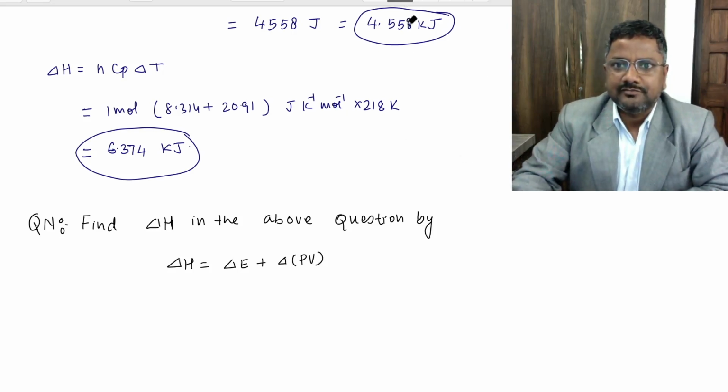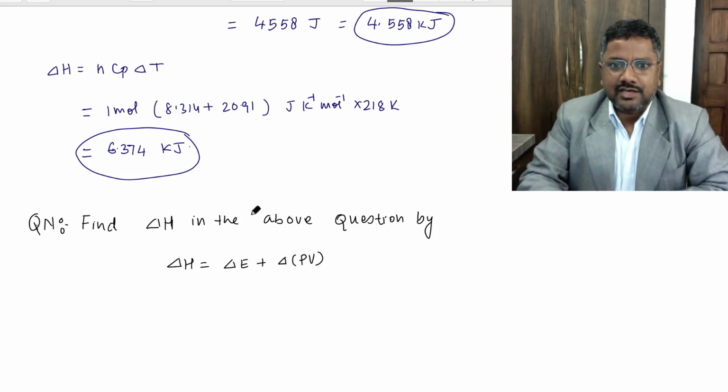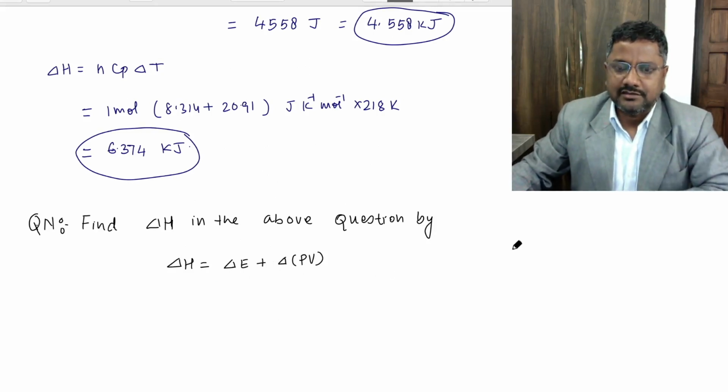So see, the same question: calculation of delta H in the above question. By using this equation you have calculated delta H, this delta E 4.58, not with this n Cp delta T. If you want to use this formula, see how we proceed and what is the answer.